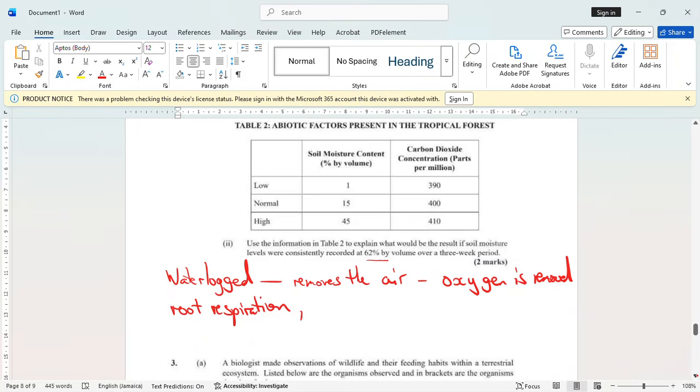A lot of moisture also means a lot of fungal diseases or infection. Nutrients can be washed out of the soil due to leaching as well.